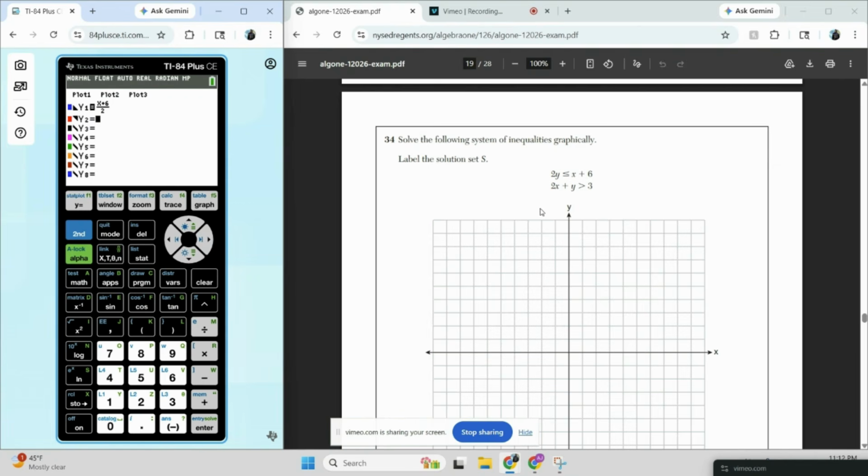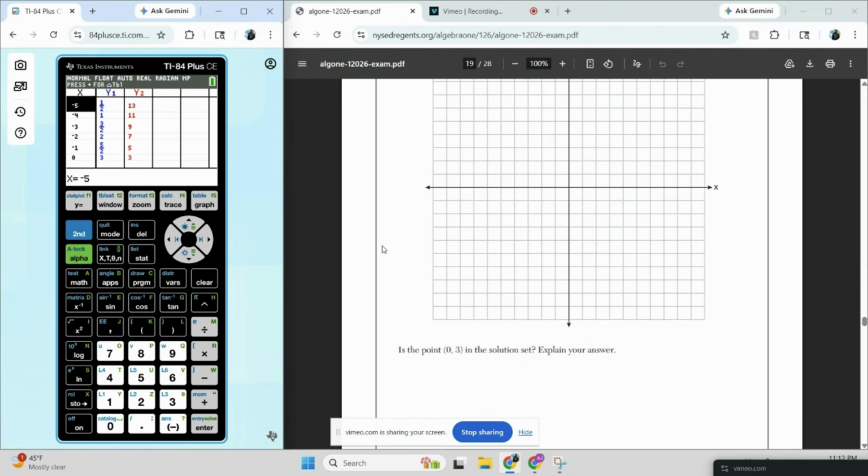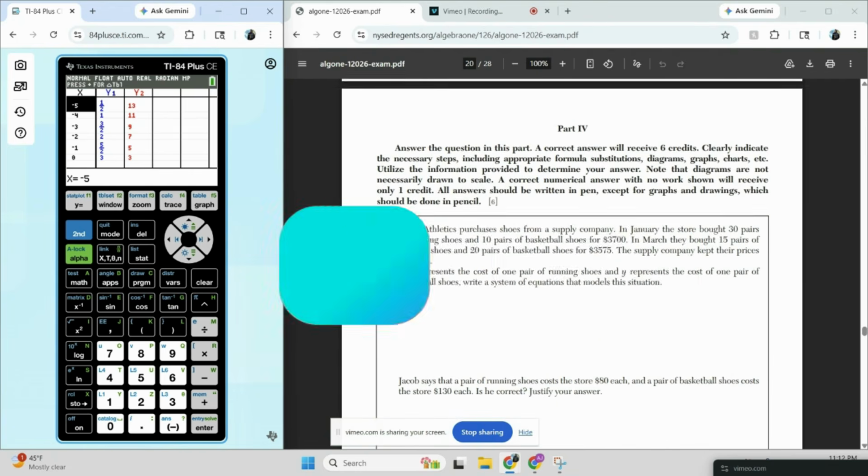I'm going to have them move the 2x over. Now watch what happens. Oh my God, what is that? Remember, you were in stat. You've got to go back to Zoom standard, and here's your graph. If you go into table, you've got your values. You may want to have them do one graph at a time. Question 34, you're at least getting some points on this, and you've passed the Regents.